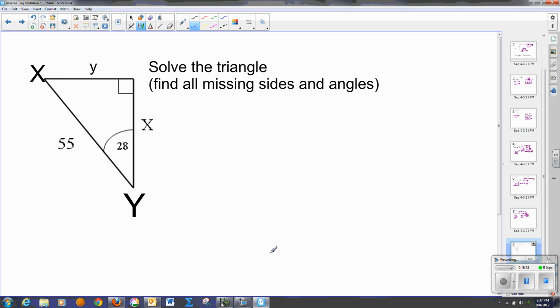One more time, we're going to solve this triangle and find all the missing sides and angles using inverse values. So in doing this, I need to know the small y value, or the side of y. I know that I have a hypotenuse given to me and an angle.